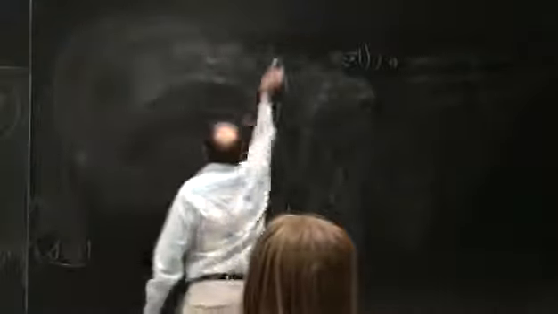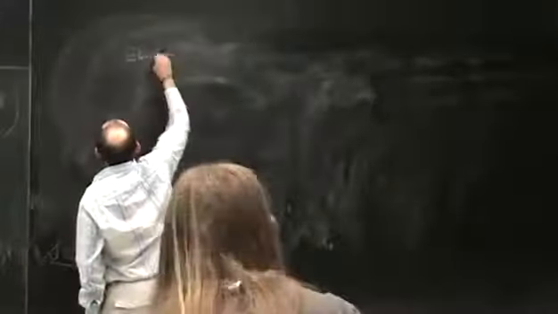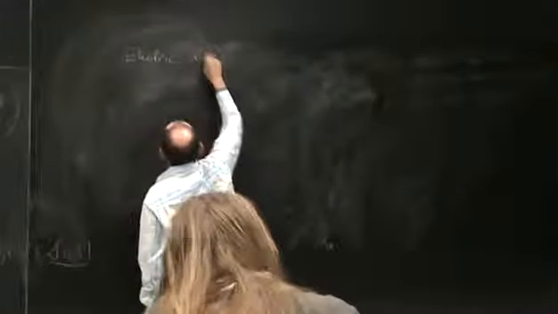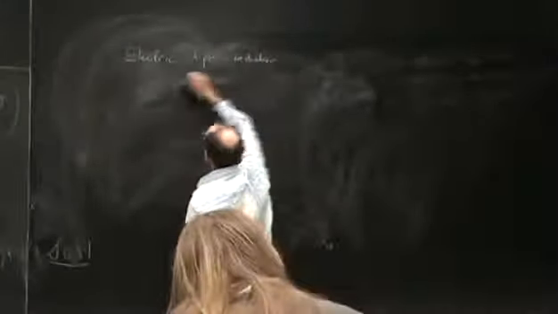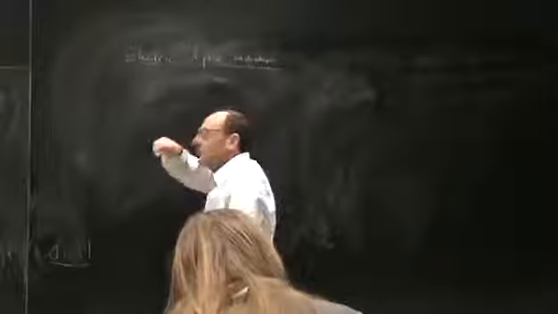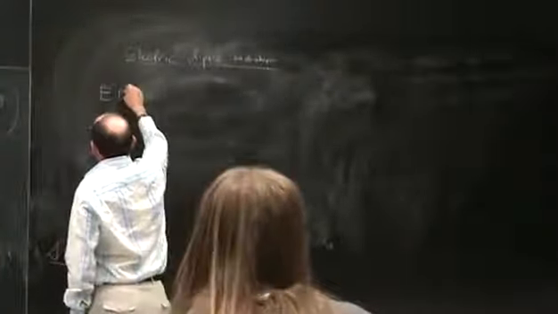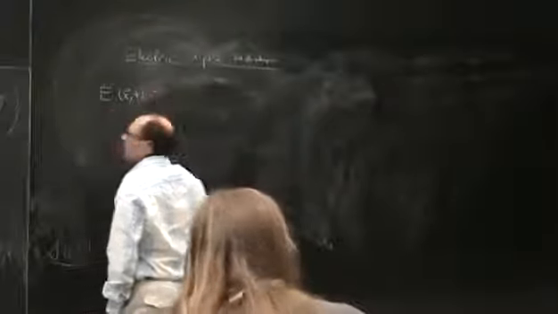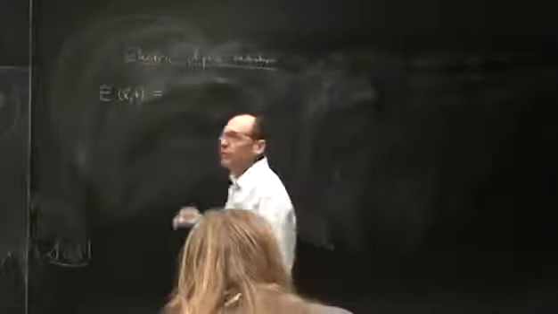What we call dipole radiation: the electric field, at that position in time, is that term that's circled over there.